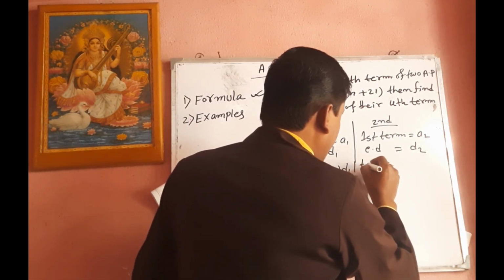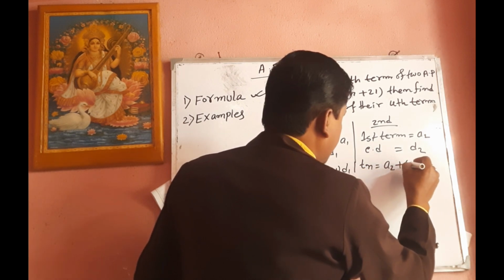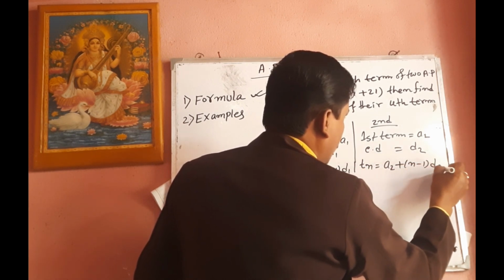Similarly here Tn will be a2 plus (n minus 1) into d2.